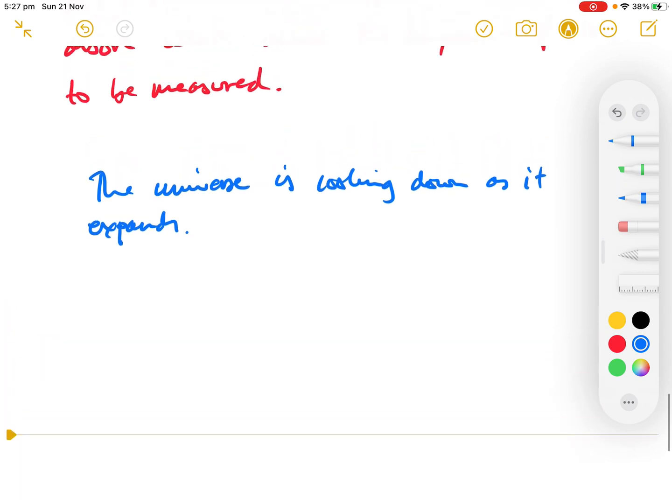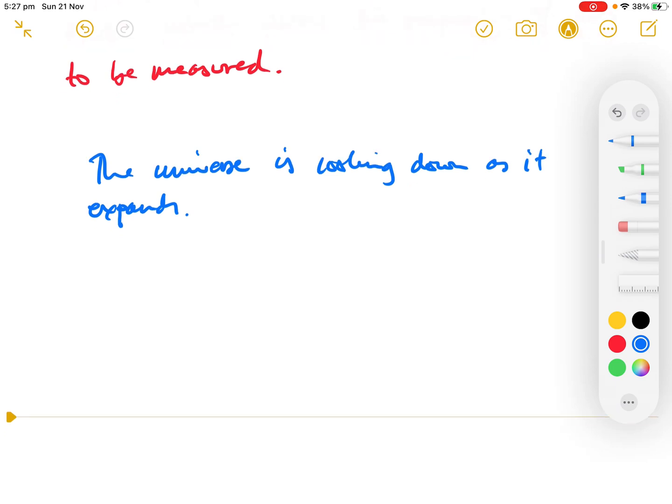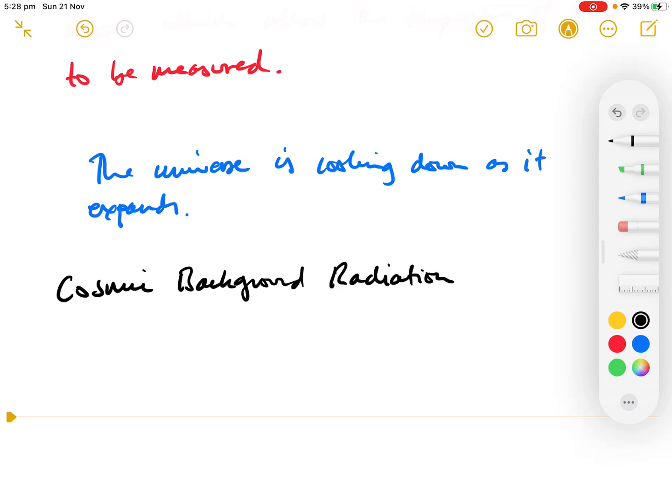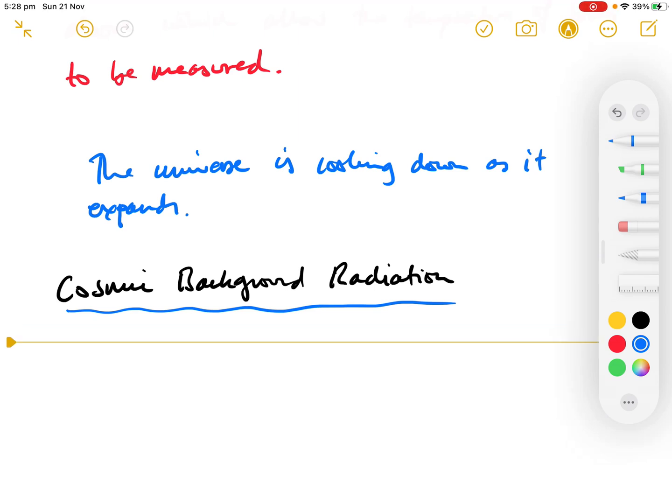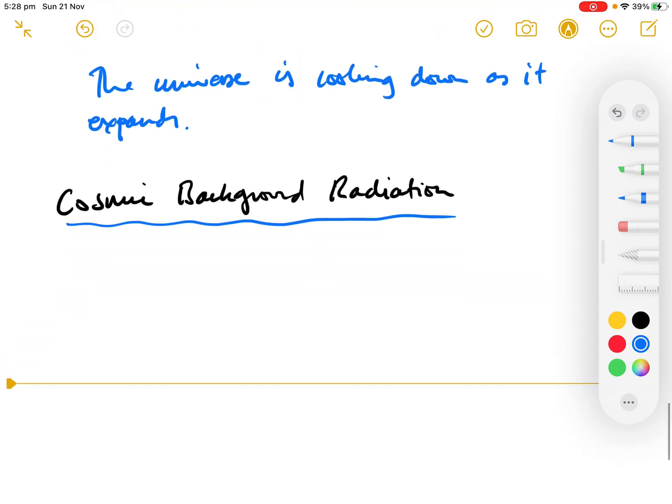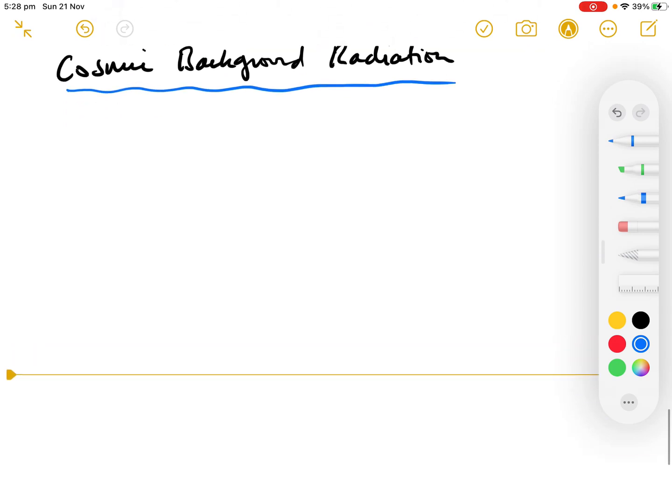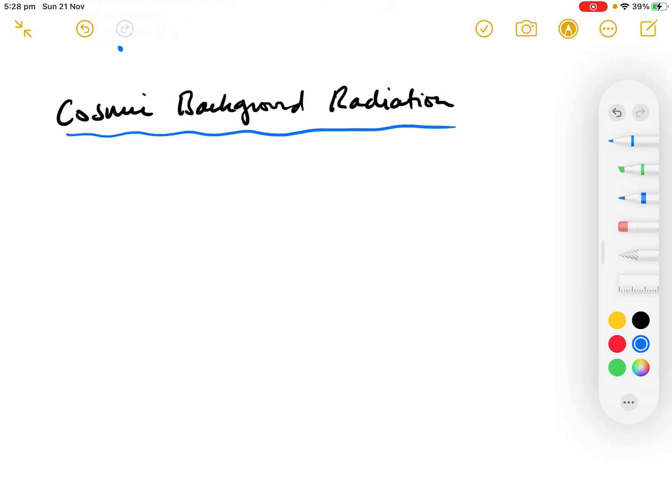And there's something called cosmic background radiation, and this has proved to be very important for helping us understand the cooling of the universe since the Big Bang.